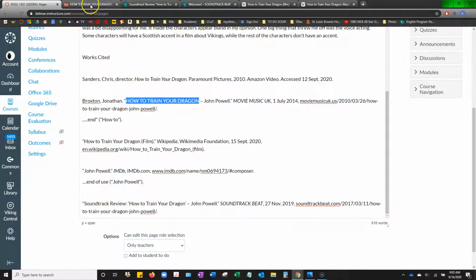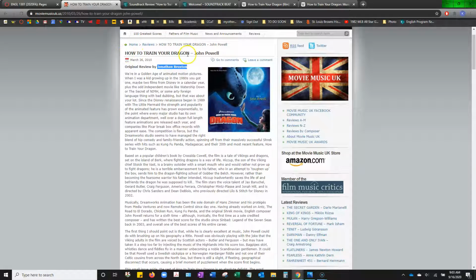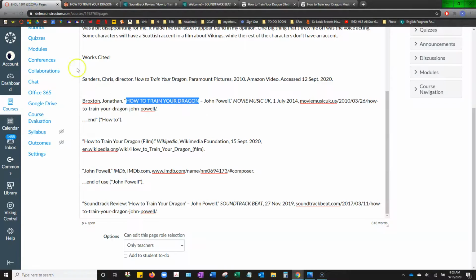I understand the logic behind that because it is in all caps right here. However, we get to override that. That looks better.